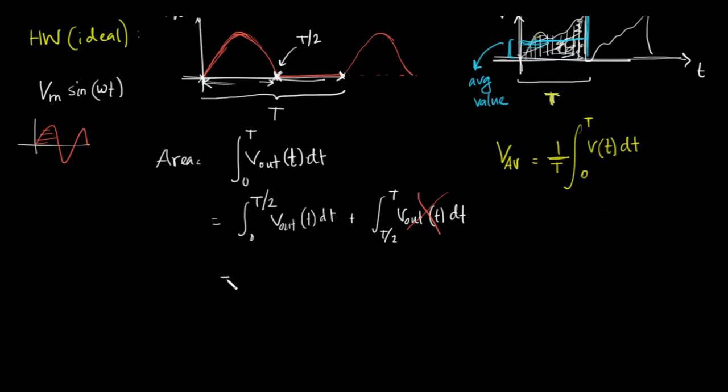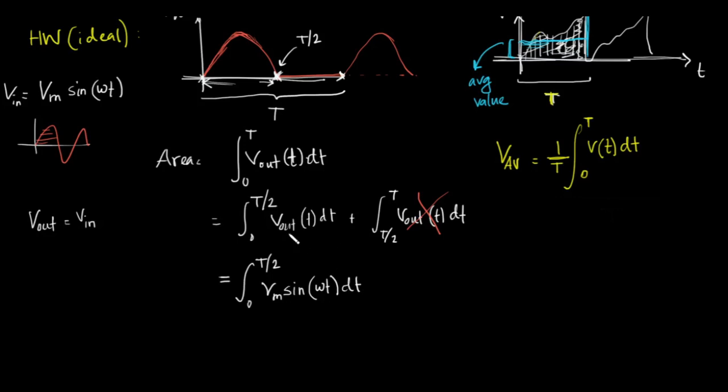Now, what is V out(t) for the first part? As we know, this was our V in. For a half-wave rectifier, the output for the positive cycle is V out equals V in. So for the positive part, from 0 to T by 2, V out(t) is equal to V in(t), which is equal to Vm sine omega t.